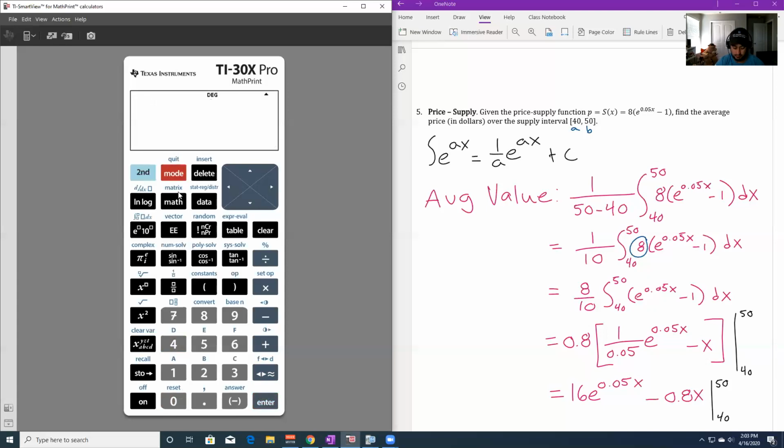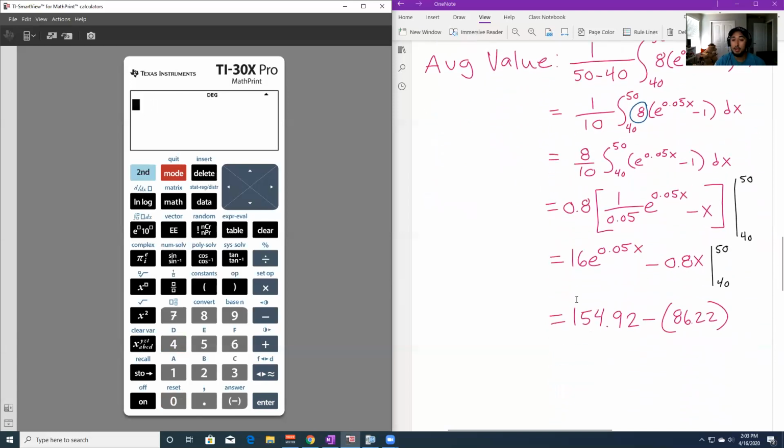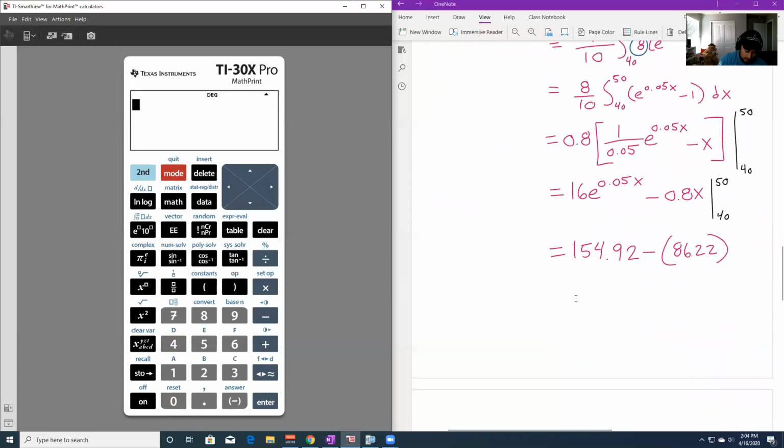Okay. And oh, you guys aren't seeing that. There you go. Okay. And then this average value, we have 154.92 minus 86.22, 68.7.